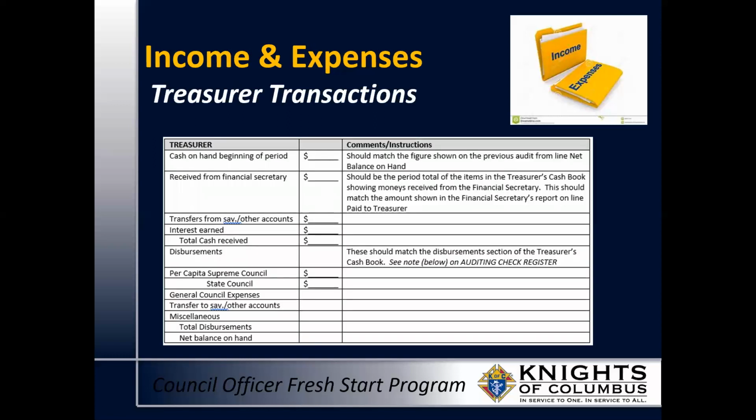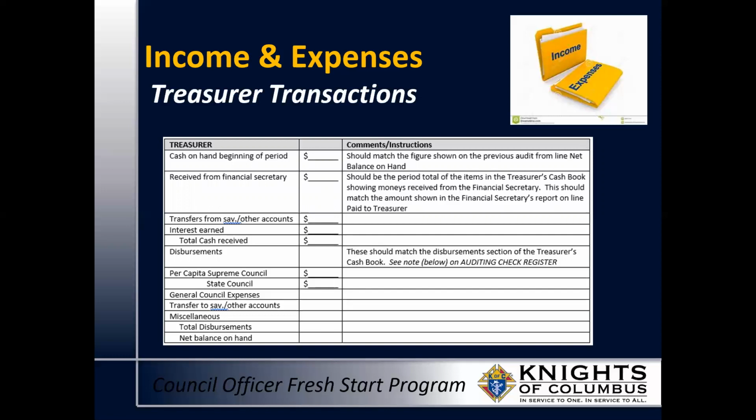The next section would be the treasurer's transactions. Here again, the trustees would get the check registry and cash on hand at the beginning of the period. Now this is very important and it seems fairly obvious, but there are some audits that come in that are not balanced correctly here. The cash on hand at the beginning of the period must be the number that was on the last line that you see here, net balance on hand at the end of the last period.